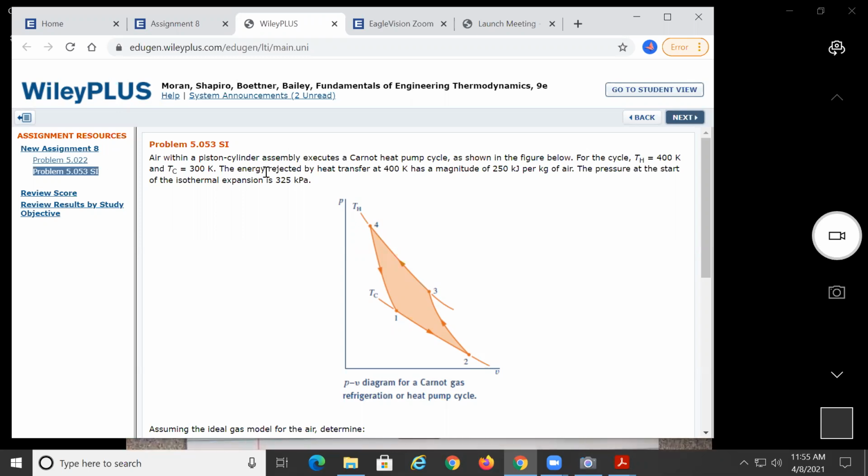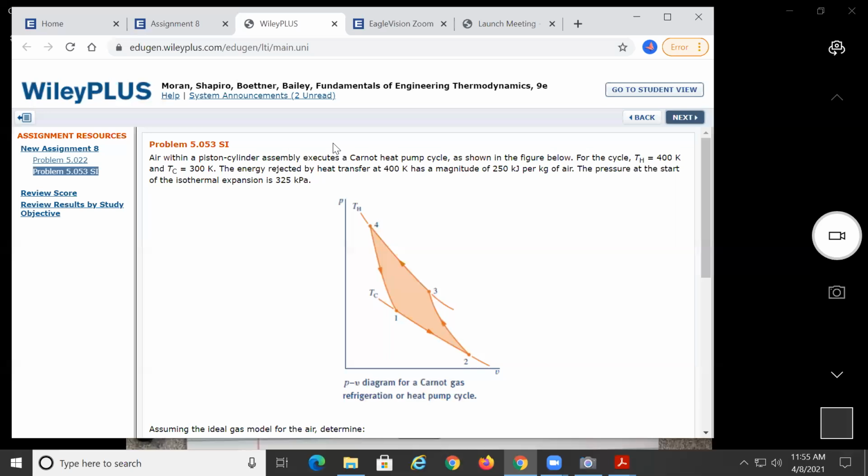As shown in the figure for the cycle, T hot is equal to 400 Kelvin. T cold is equal to 300 Kelvin.